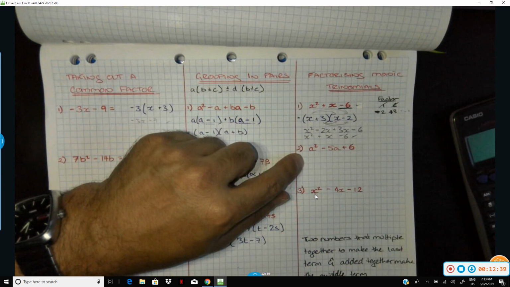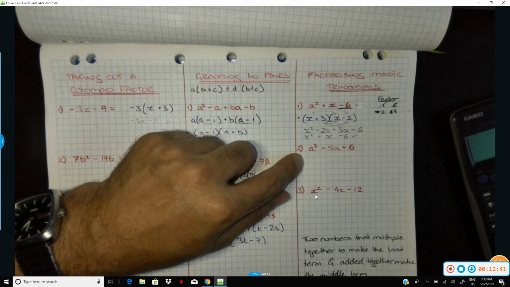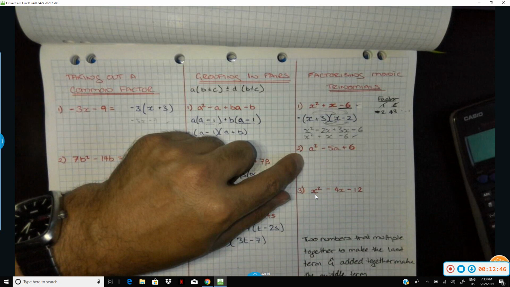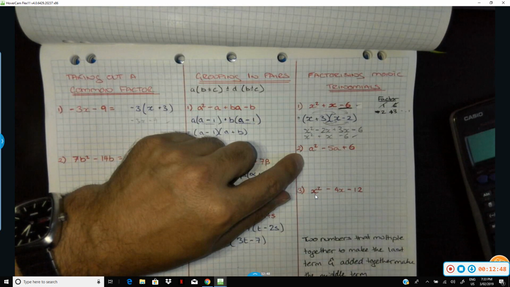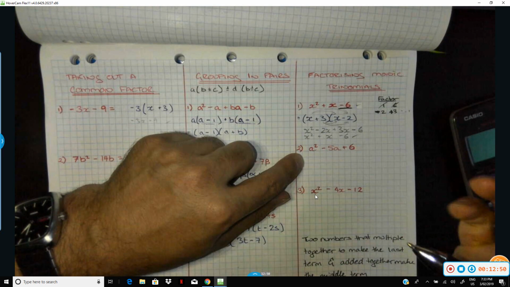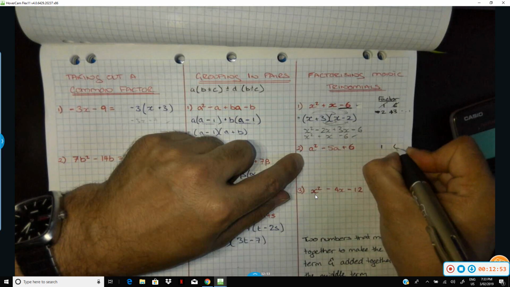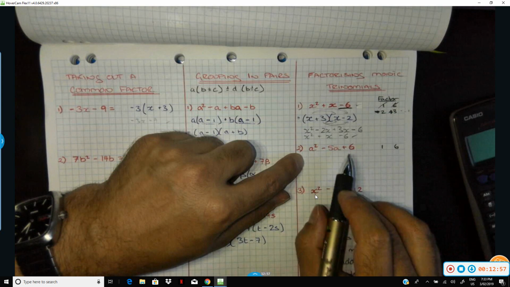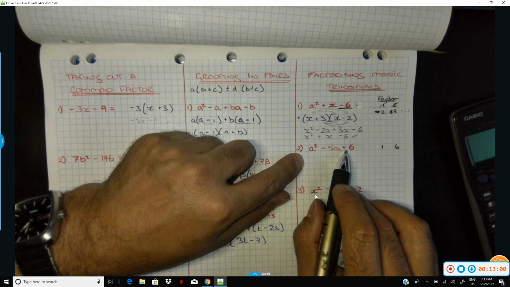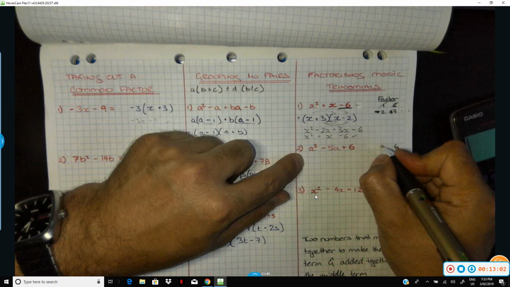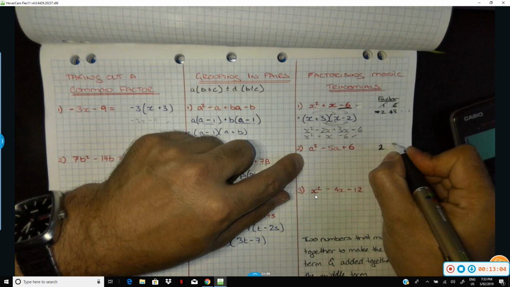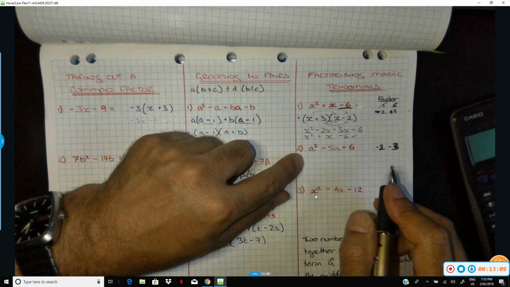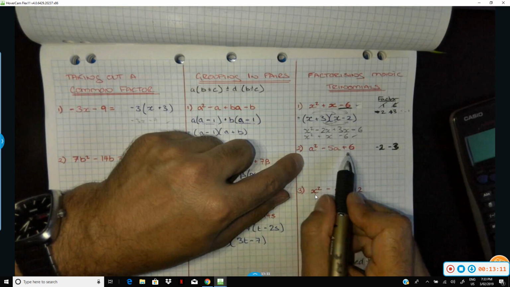Yep. Okay, so here's another one. So we said that the factors are going to be 1 and 6. Oh no, it's not going to be 1 and 6 because it is a +6. I have this ability that two negative numbers multiplied together will give you a positive number.